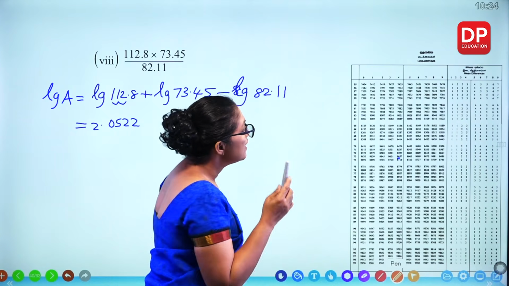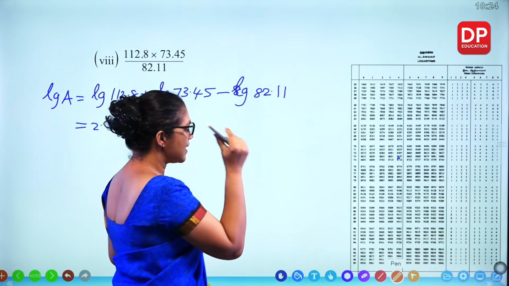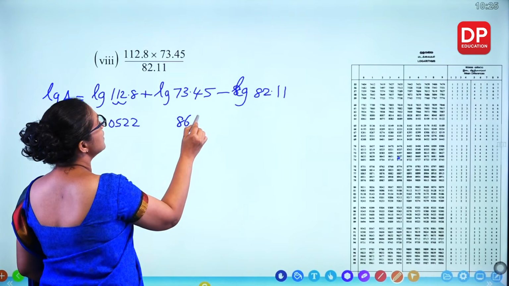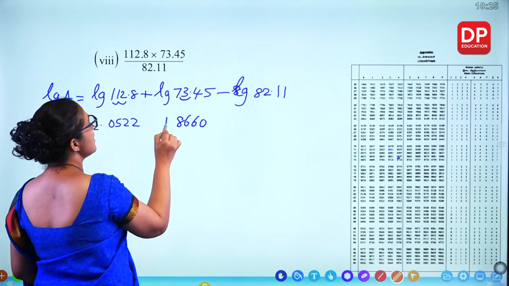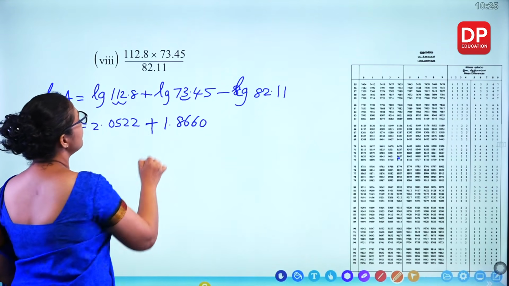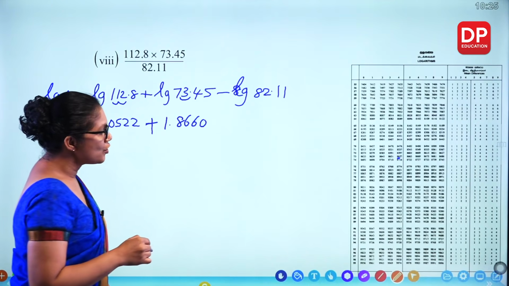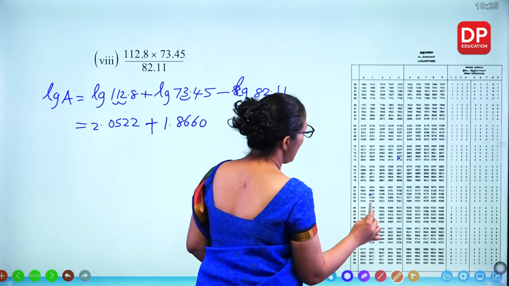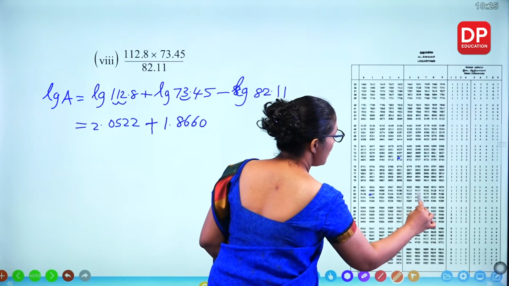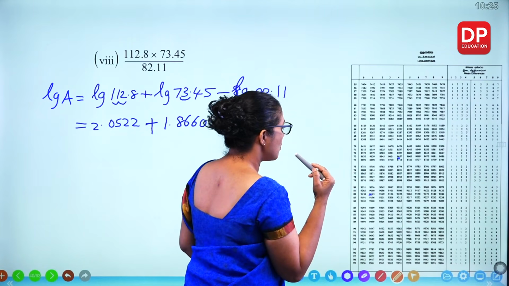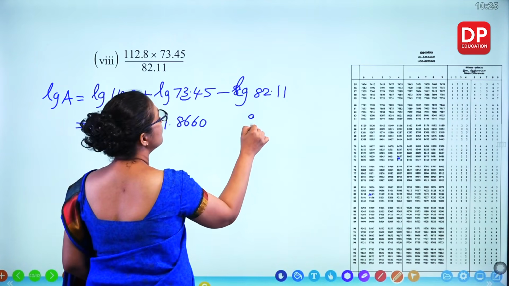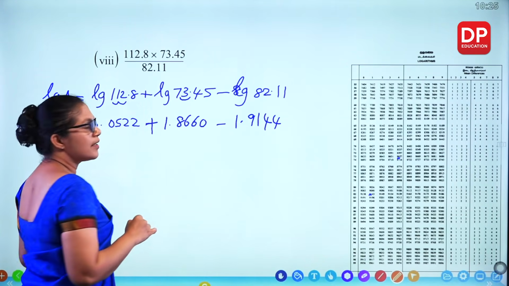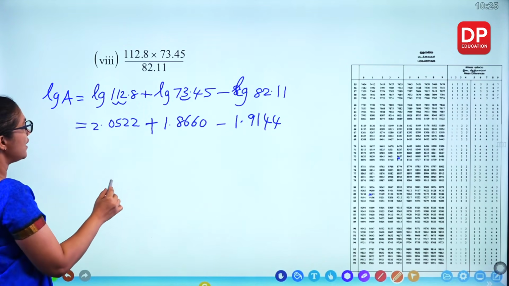Adding 3 to that, 86, 60. And the characteristic is 1. Next one, 82, 1, 1. When you refer to 1, you get 1. So 91, 44. The characteristic is 1.